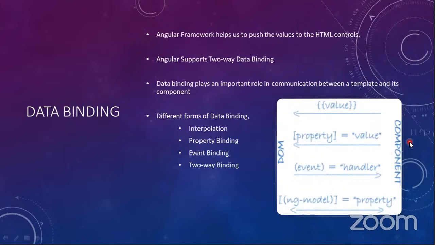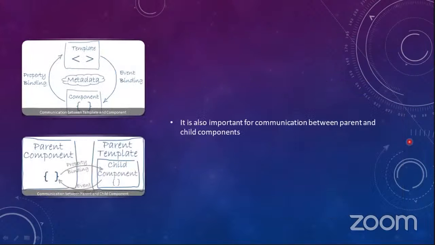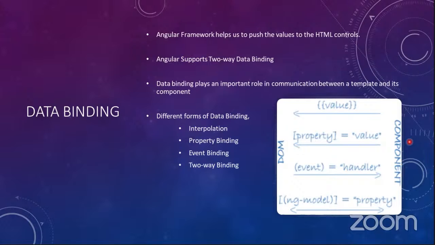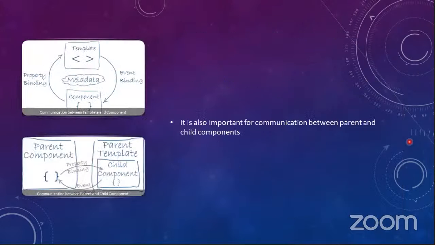Another way of data binding is also there. It is not a different form of data binding, but in a technical way we will be using this: a parent and child concept. Let's not go deep into that now, I will tell you in the later slides. Here is another picture you can imagine.